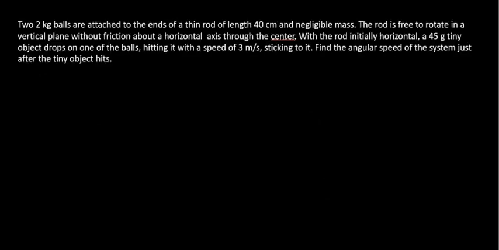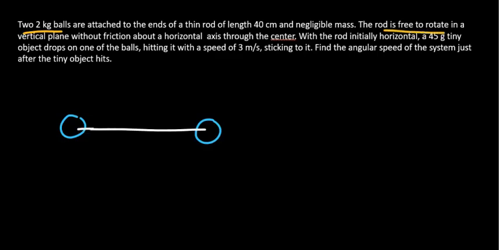So let's see how to apply conservation of angular momentum to problems. Here, 2 kg balls are attached to the ends of a thin rod of length 40 cm and negligible mass. So one ball is here, another ball is there, and they are connected by a thin rod, like that.